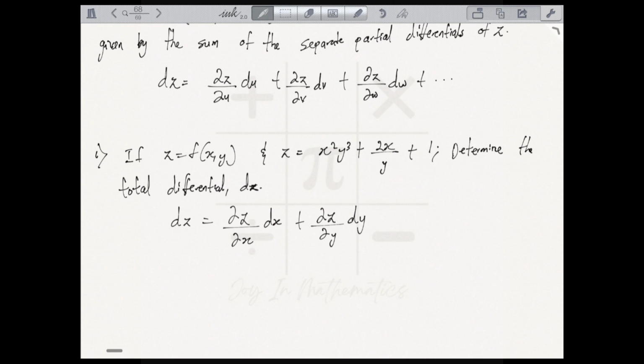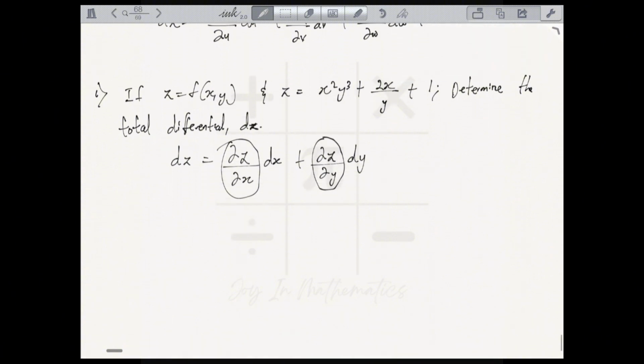So all we just have to evaluate is dz dx and dz dy, and then we will substitute into the equation. Let's recall what z is. z is x squared y cubed plus 2x over y plus 1.